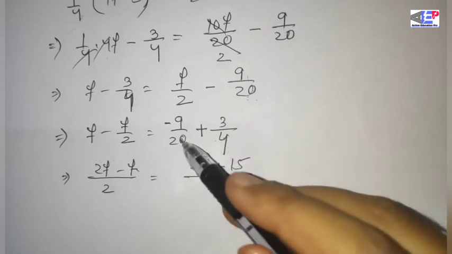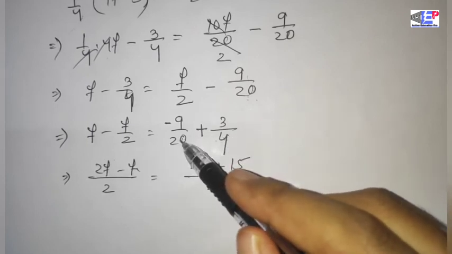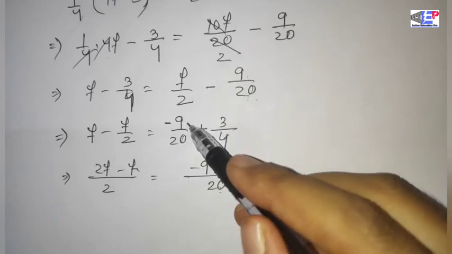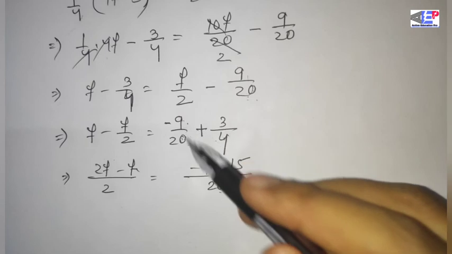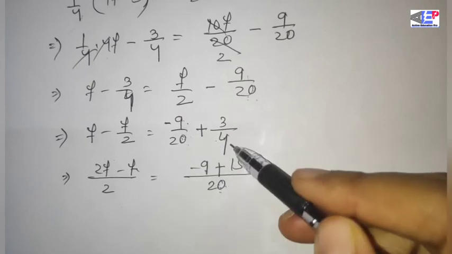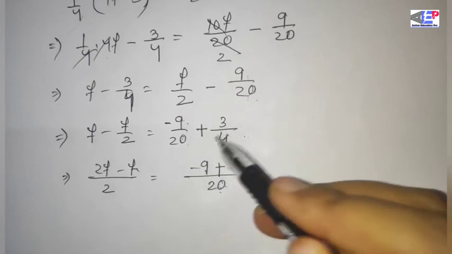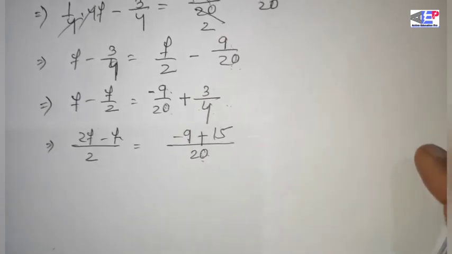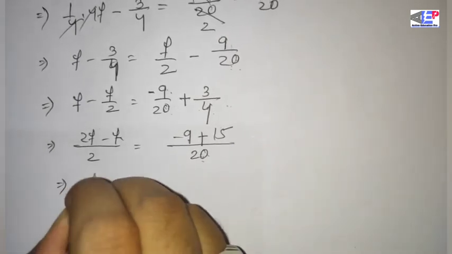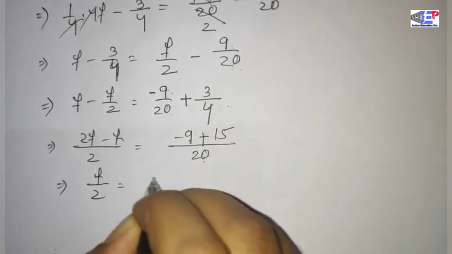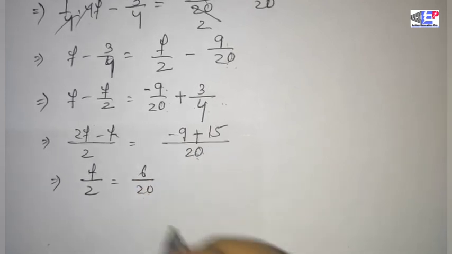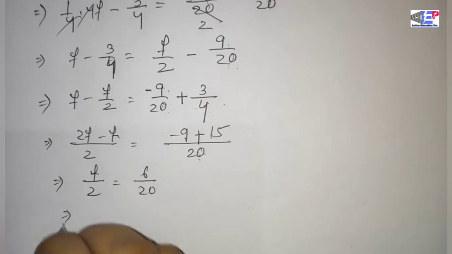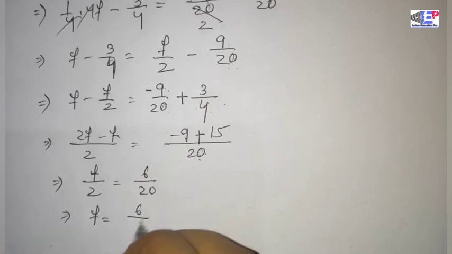Divide 20 by each denominator and multiply the result with the numerator. 20 by 20 is 1 and 1 times minus 9 is minus 9. 20 by 4 is 5, and 5 times 3 is 15. Now f by 2 is equal to 6 by 20. So f is equal to 6 by 20.